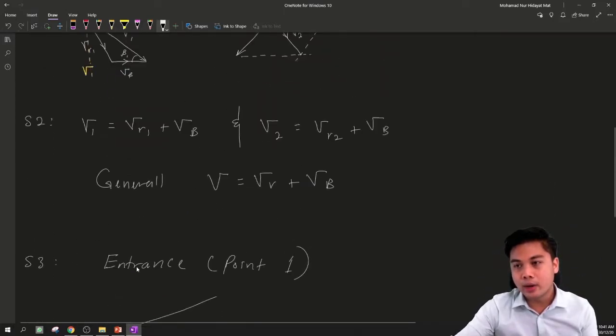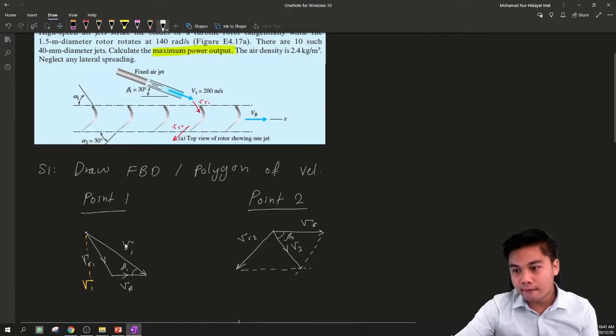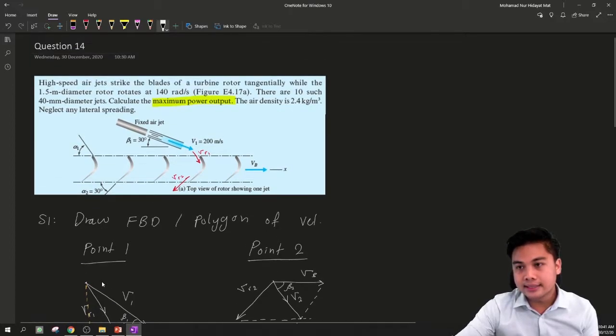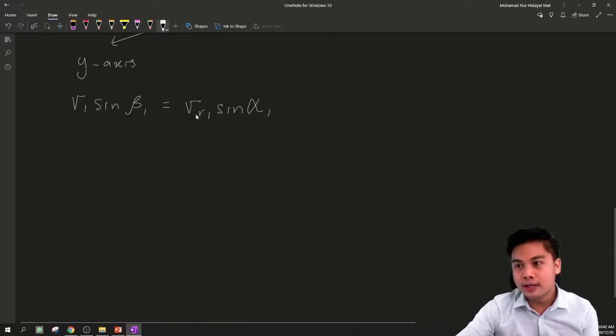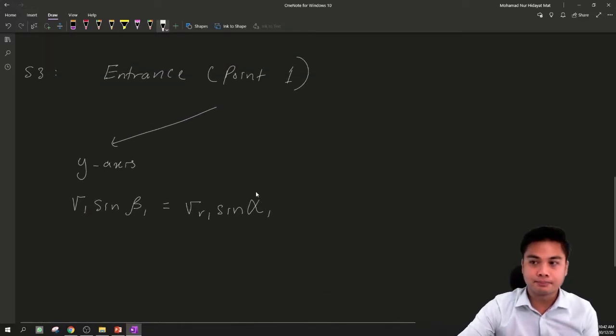V1 sine beta 1 gives this component in Y that I drew. Next we focus on the relative velocity VR1 and the vane inlet angle, alpha 1. That's why we call it sine alpha 1. VR1 reflects alpha 1, V1 reflects beta 1. So we must use VR1 sine alpha 1.